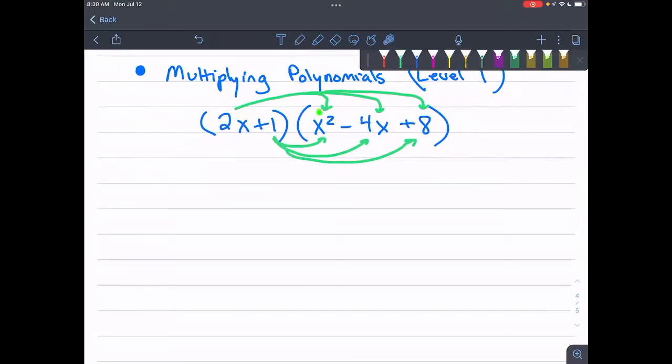So 2x times x squared, that's going to be 2x to what power? 3, yeah. So just adding the 1 and the 2 there. And then 2x times negative 4x, that's going to be negative 8x to the second. Then doing 2x times 8, that should be pretty easy.